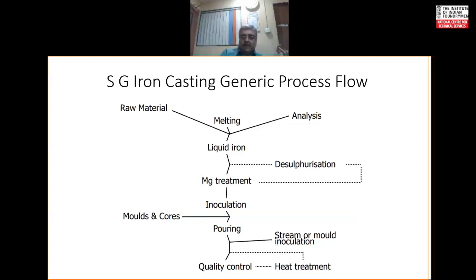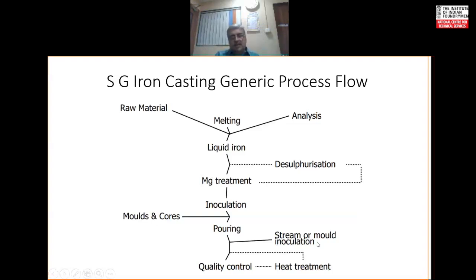That means the carbon which is precipitating out forms nodules. And then you do what we call post-inoculation to ensure that there is good graphitization happening. So get the iron ready, get the right temperature, pour it in the molds.